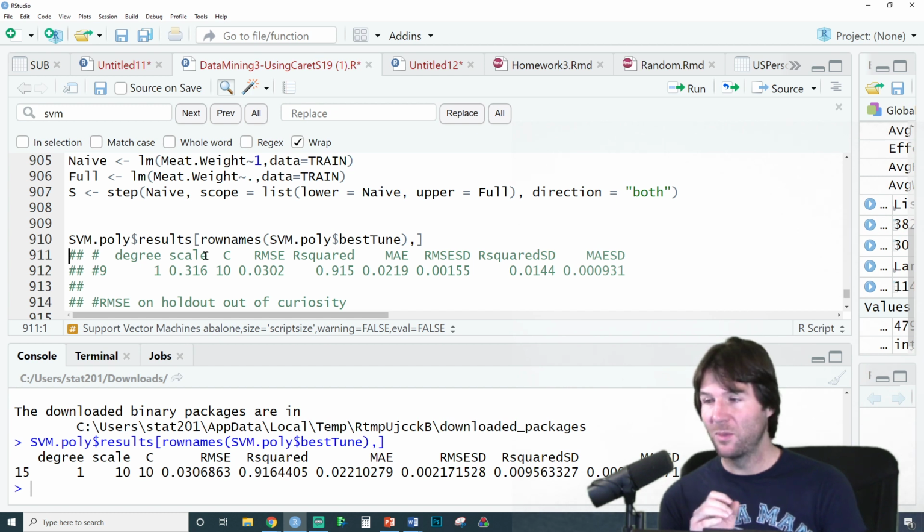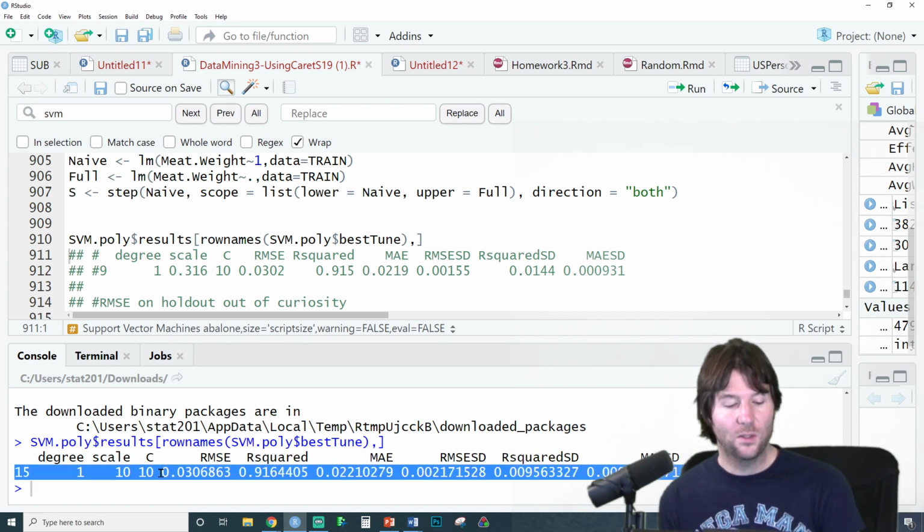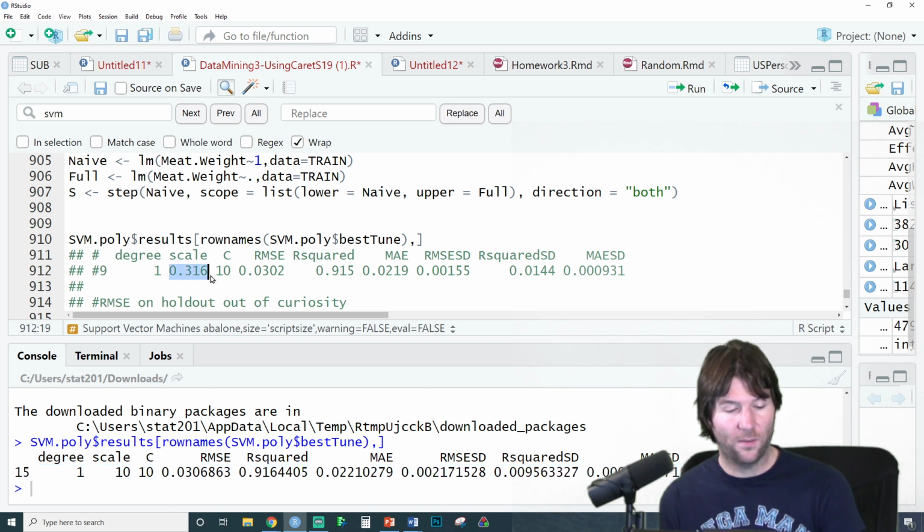But because the randomness procedures have updated, and sometimes caret will update, so they might even update how it works. That's why sometimes when we hard code in an answer, it's a bad idea. We do see the degree was 1, the scale right here is 10 this time, and the cost is 10. So it shows a different model, just barely off on the scale, but a very similar support vector machine.